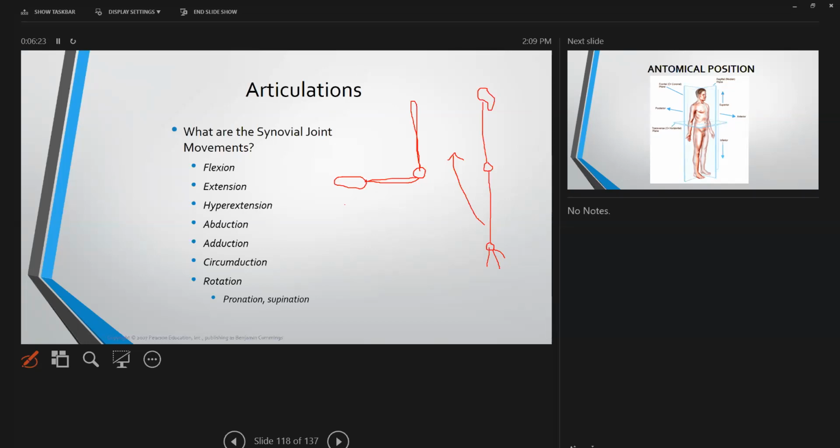So if you're in the anatomical position and you want to flex at the elbow joint, that is considered flexion, okay?